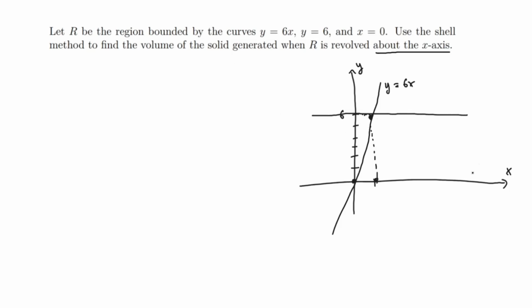Because it's rotating around the x-axis, we have to identify r of y and h of y. What is r of y? r of y is the radius. So this is the region, and first I'm going to cut this region into multiple rectangles.